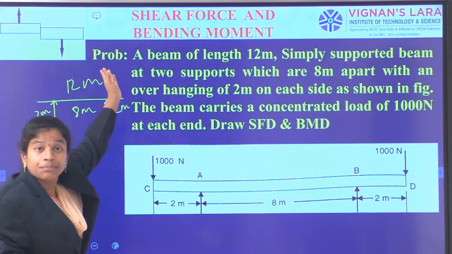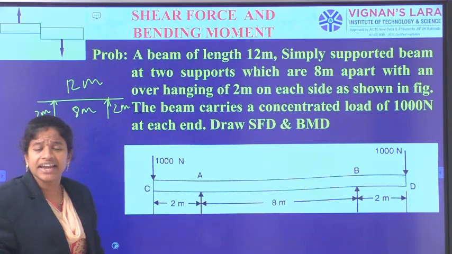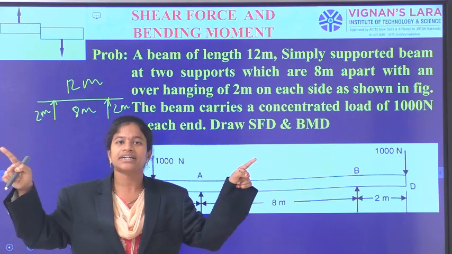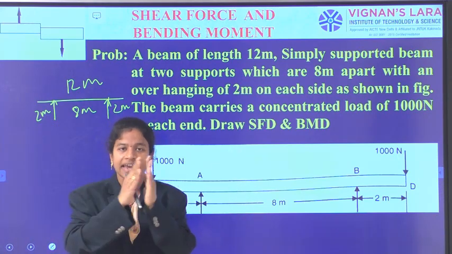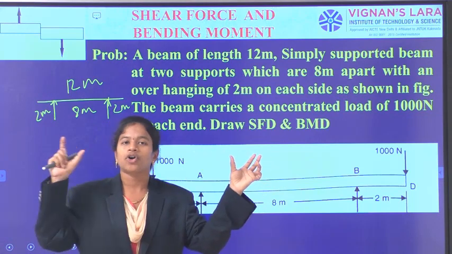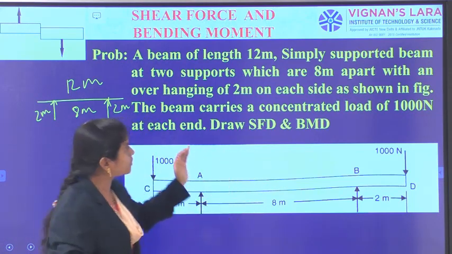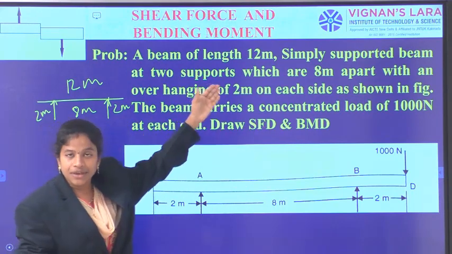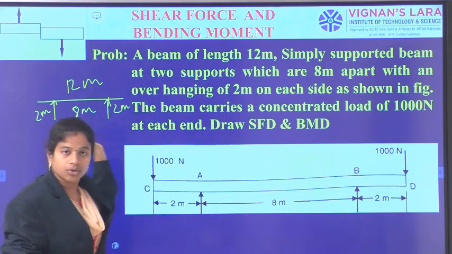Don't think the length of the beam is 8 meters, because it is an overhanging beam. That's why the beam length is 12 meters but the supports are only 8 meters apart. On the left and on the right, I have a 2 meter overhanging portion.